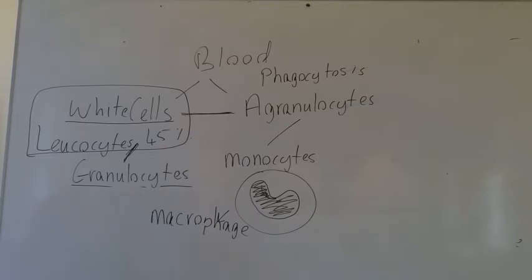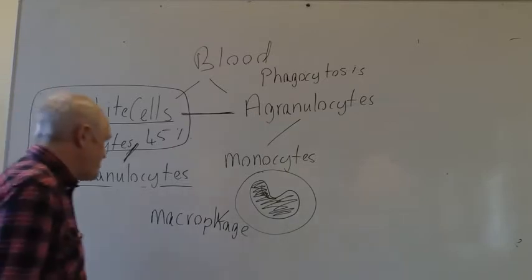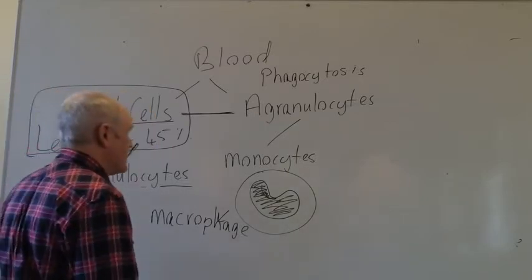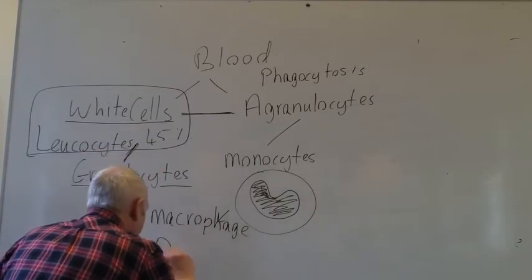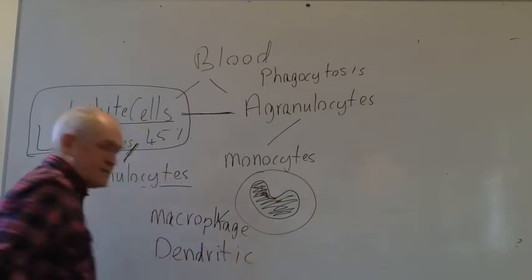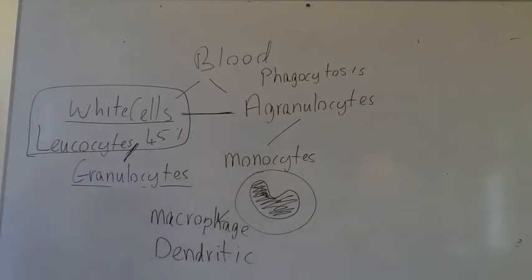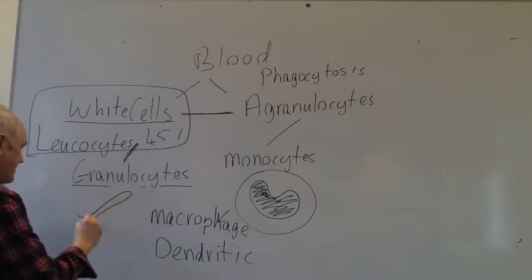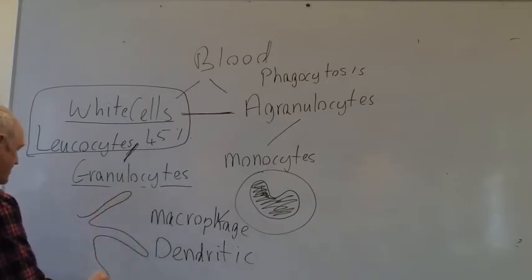Monocytes. And also we now know that monocytes can differentiate in the tissues into cells called dendritic cells. Dendritic cells have lots of extensions. They're like an octopus. Lots of dendrites coming out of them.